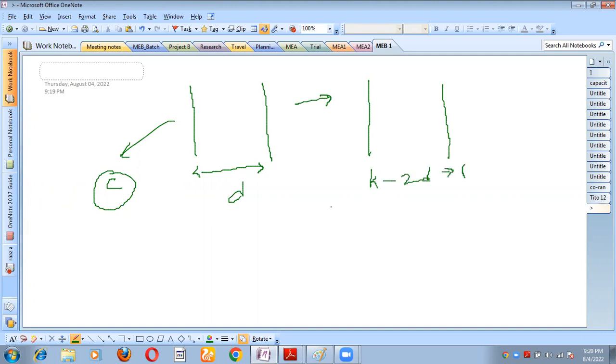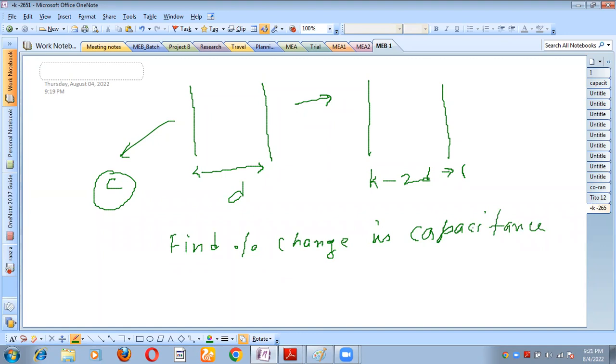So we have to find the percentage change in capacitance. Getting my question?